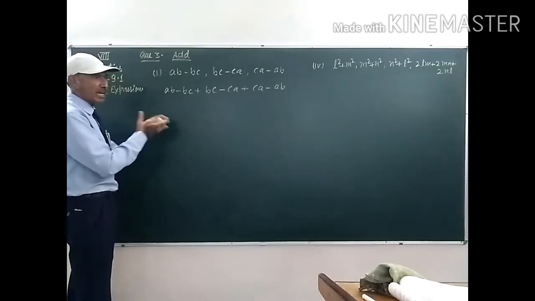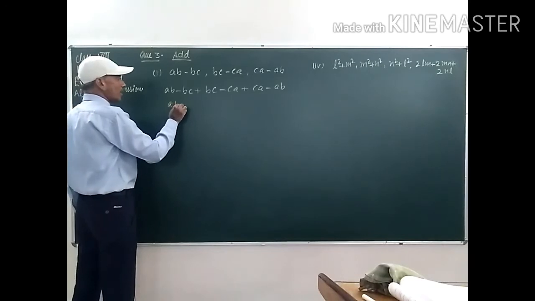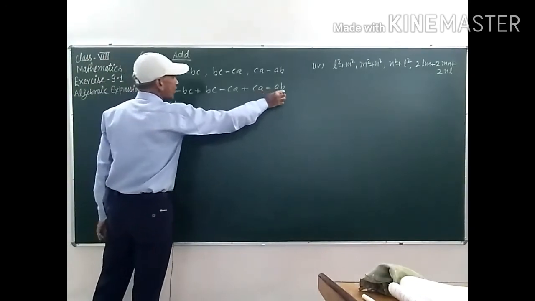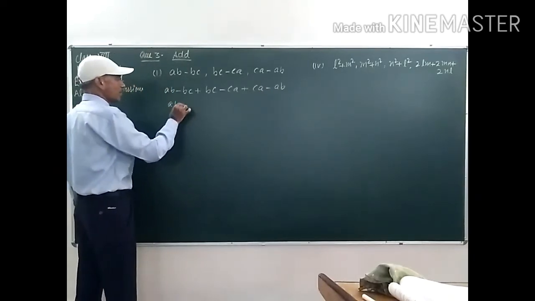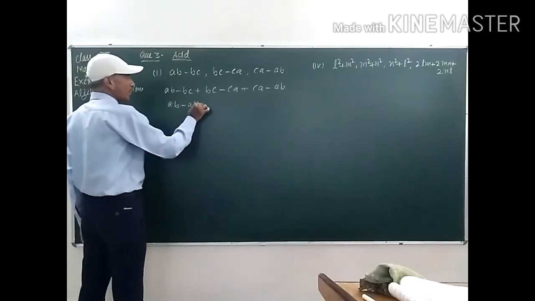एक दूसरे के साथ like terms को हम लिखेंगे. AB plus, where is again minus AB, student, with their sign, minus AB. Clear?